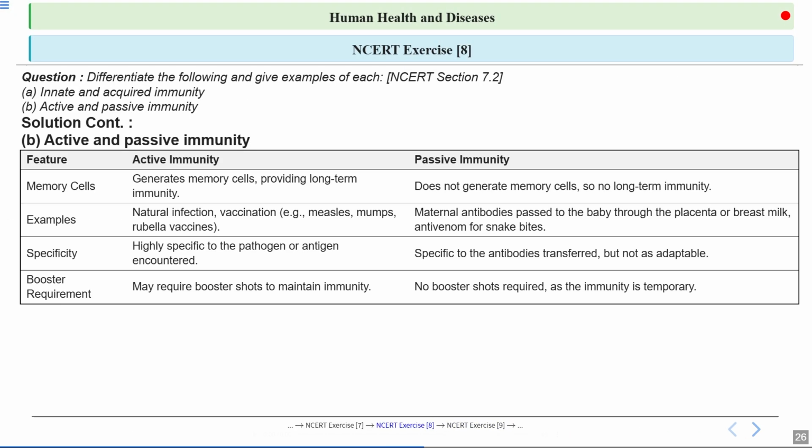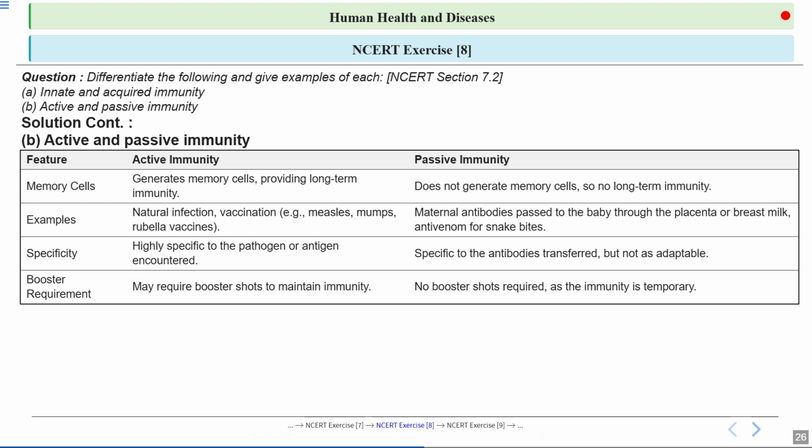Now some more differences between active and passive immunity. Active immunity has memory cells, so it generates memory cells producing long-term immunity. Passive immunity does not generate memory cells, so no long-term immunity. Examples of active immunity are natural infections by pathogens and vaccination, for example vaccines like measles, mumps, and rubella.